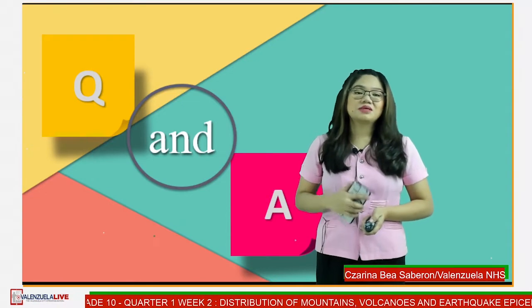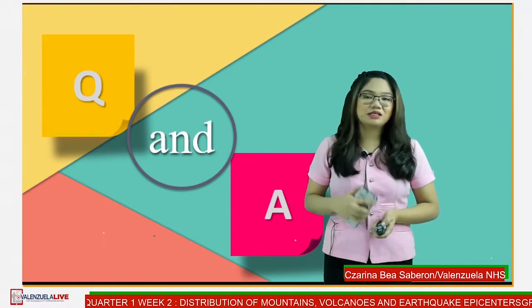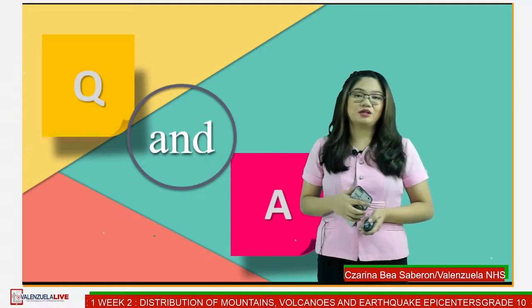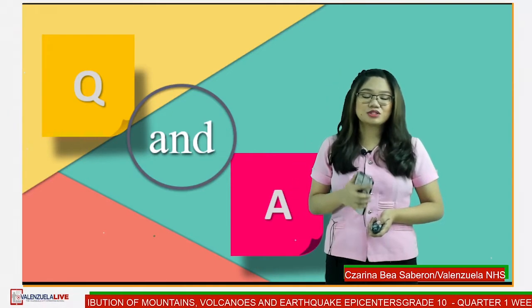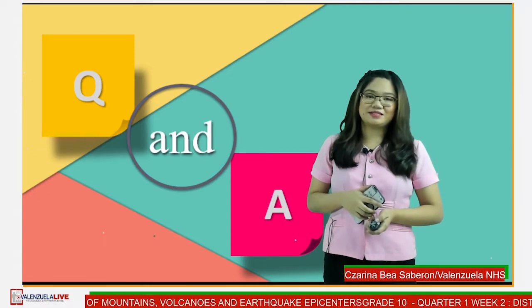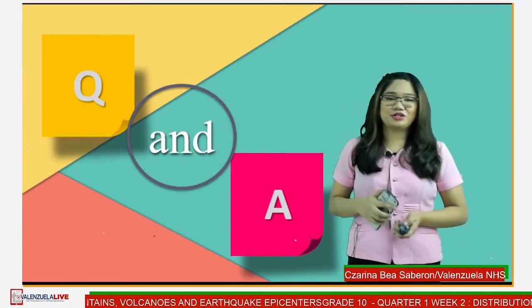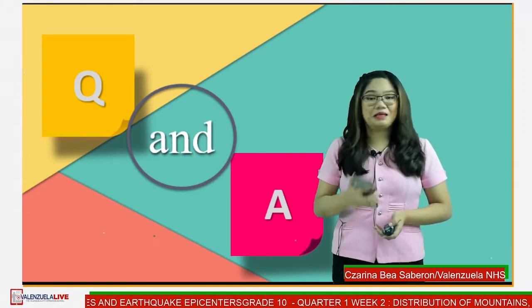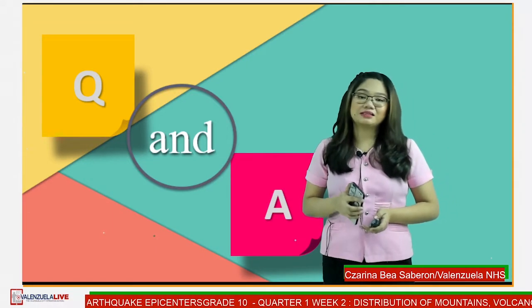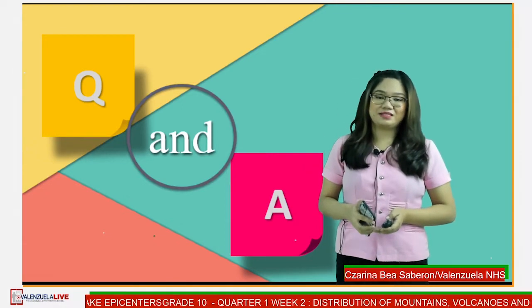So the Pacific Ring of Fire is the bed for the most active volcanoes all over the world, because this is the location of most of the Earth's subduction zones. I hope I answered your question. Anyway, this will be deepened as we discuss more about tectonics on the succeeding days.